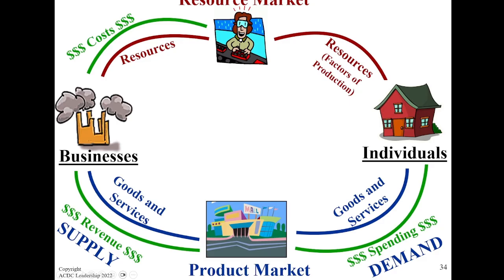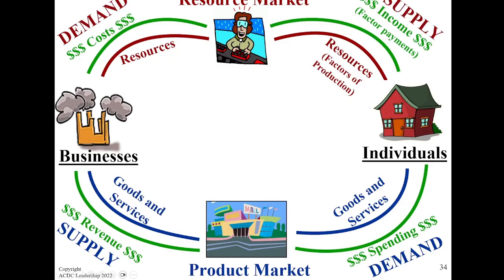Costs are getting paid by the businesses, so it's going from the businesses' profit away to the resource market. And revenue is from the product market into businesses. So income is the amount that businesses have to pay to individuals. Individuals will give labor to businesses in return for income. So in the middle, supply and demand.